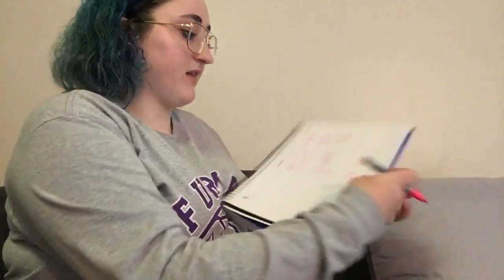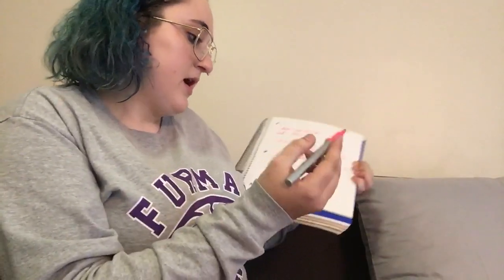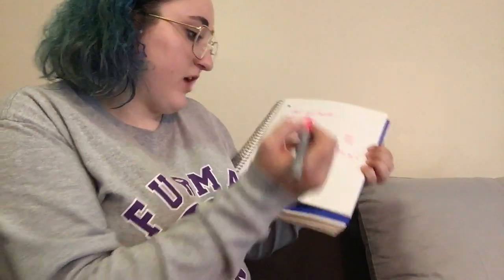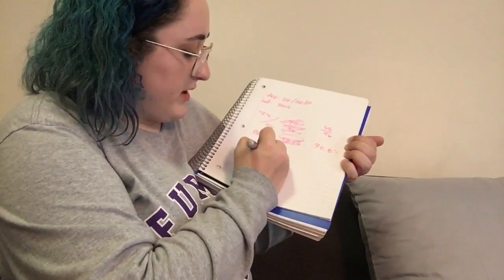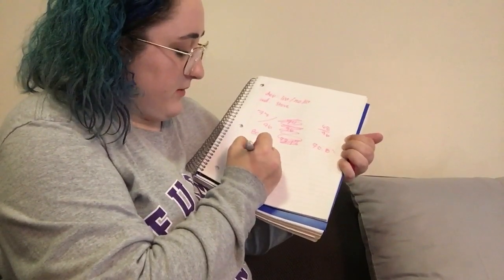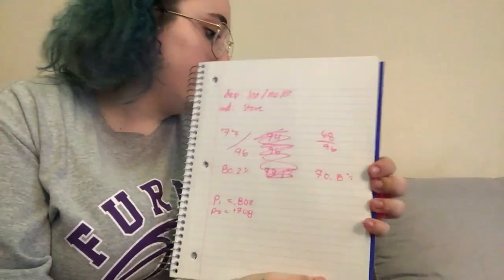So first I did 77 divided by 96 and 68 divided by 96, and we don't need store B anymore since we're not comparing it. And then I plugged it into the proportion. So first I decided my P1 would be 0.802 and my P2 would be 0.708, right? And then I plugged those into the equation.